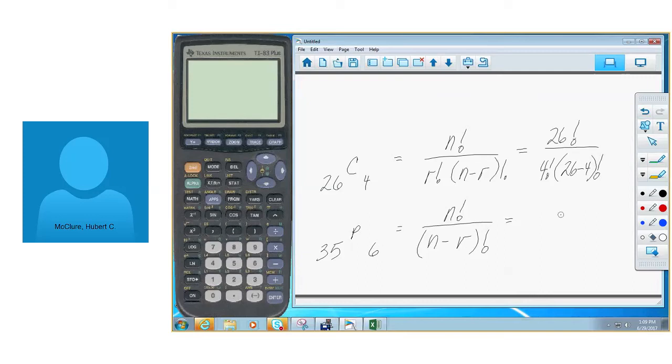And over here it's going to be 26 factorial over 26 minus 4 factorial. Now, I want y'all to take the calculators and do this operation right here. And if you can do it and get the right answer, then you're okay.